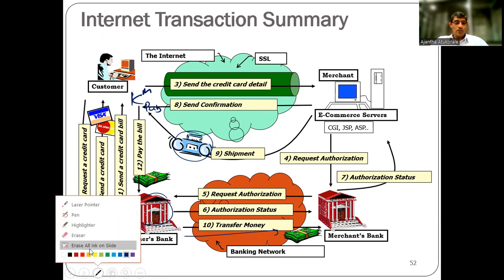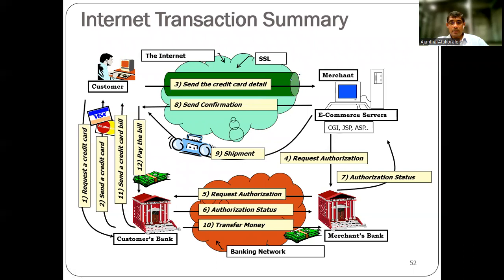But I was talking to you only about this part, the green color tunnel: how to send your data securely, that is your credit card number, CVN number, and expiry date, to the merchant. That is very safe.